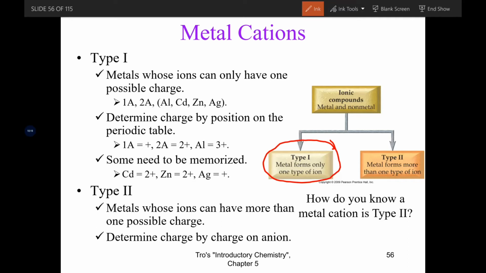Step 1: as soon as you recognize that you have a metal in your compound, you need to determine whether that metal cation has only one charge or multiple charges. So type 2 is multiple charges, type 1 is single charge.